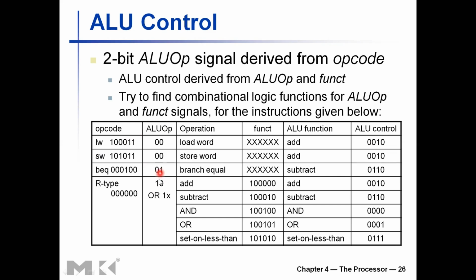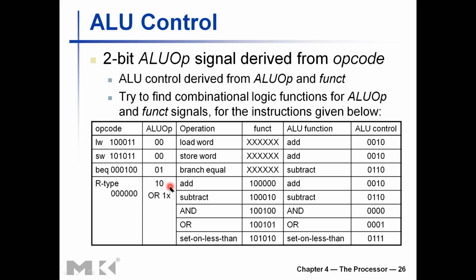For all R-type instructions, you should consider the funct field as well, so we generate an ALU op signal of 10, or rather 1 and don't care. The least significant bit is don't care, but it's better to have it as 0.